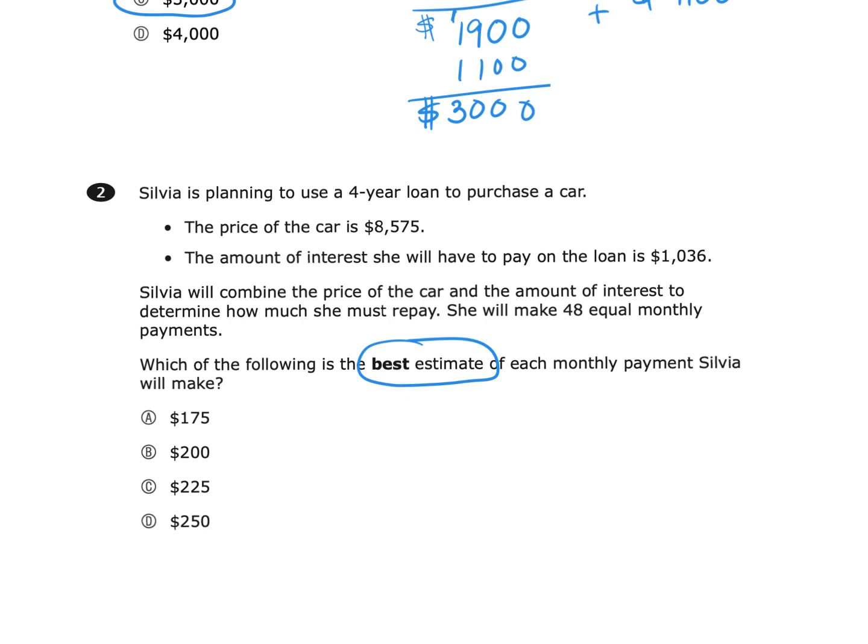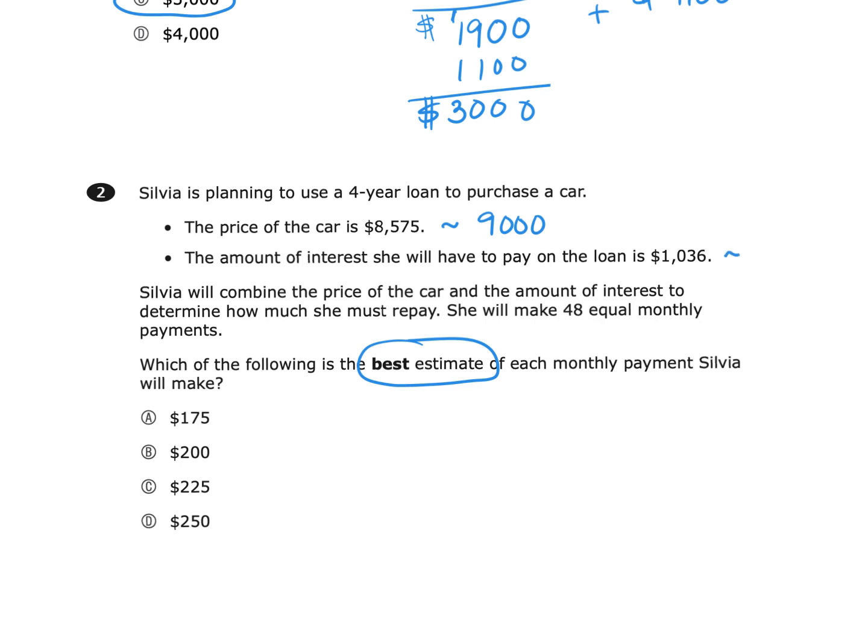Here we have Sylvia is planning to use a 4-year loan to purchase a car. The price of the car is $8,575. I would round that to $9,000, because we're dealing with thousands. And the amount of interest she will have to pay on the loan is $1,036.